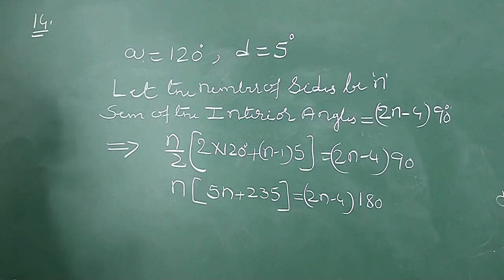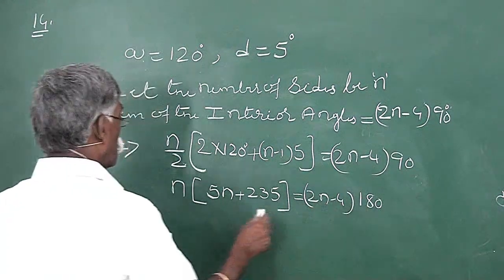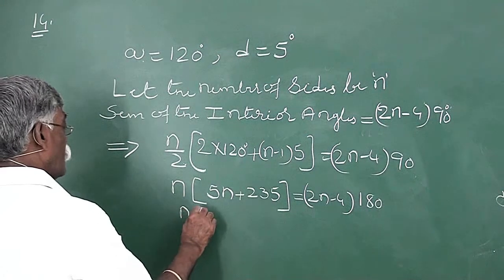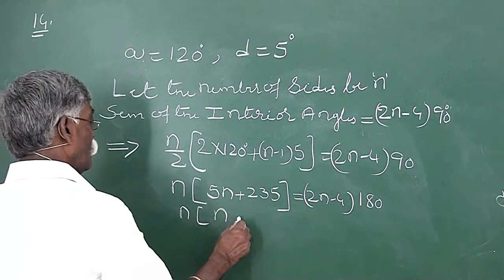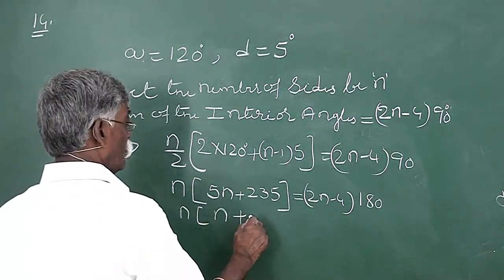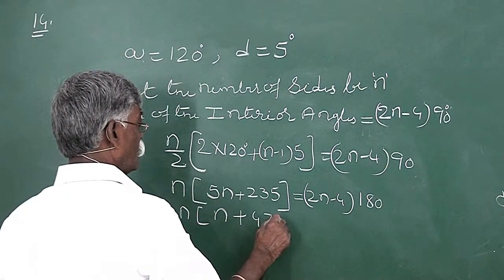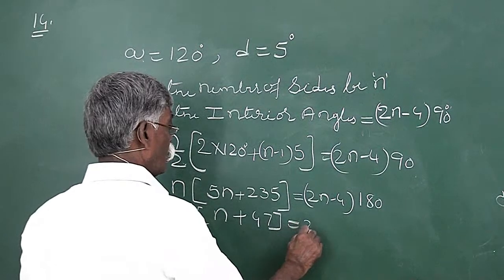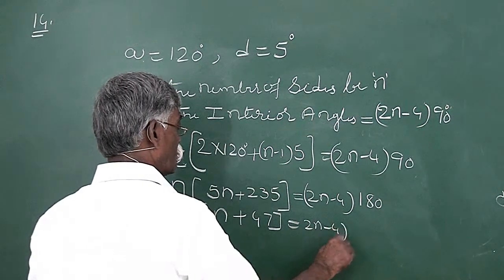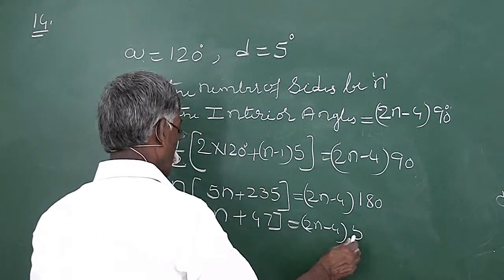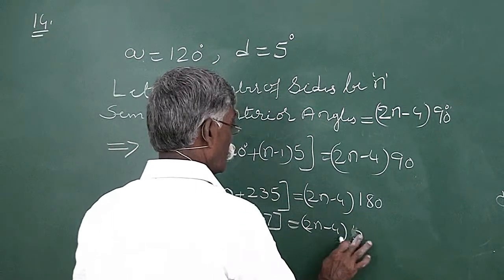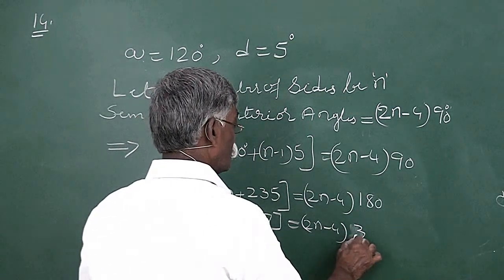We can cancel 5 on both sides, thereby this is n into n plus 47 is equal to 2n minus 4 into, 5 goes, 36 times.